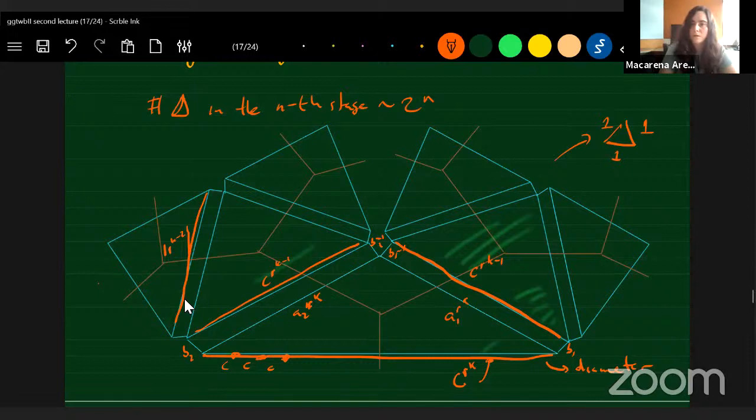And the point of this is that this diameter right here is long.